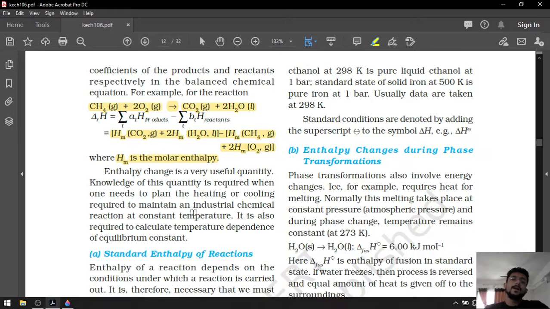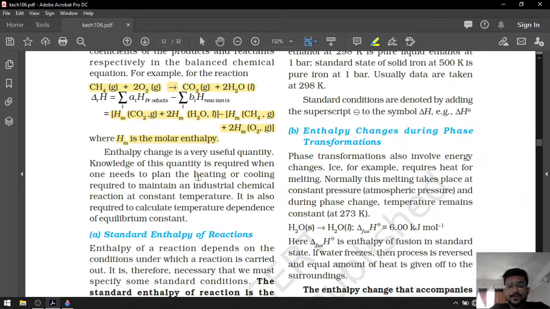Now, enthalpy change is a very useful quantity. Knowledge of the quantity is required when one needs to plan the heating or cooling required to maintain an industrial chemical reaction at a constant temperature.